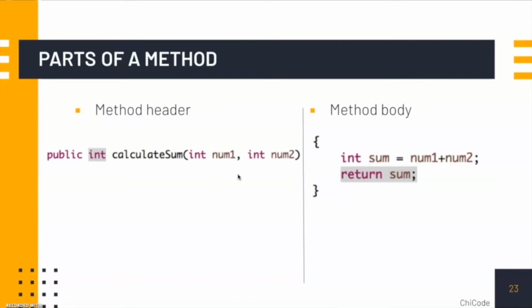A method header is this part, the public int calculateSum, and the method body is everything inside the curly braces. Remember, as I mentioned before about the constructor, the method header can be different, meaning the name will be the same as the constructor, but it can have a different number of parameters. That is what I mean when I say the method header can be different.